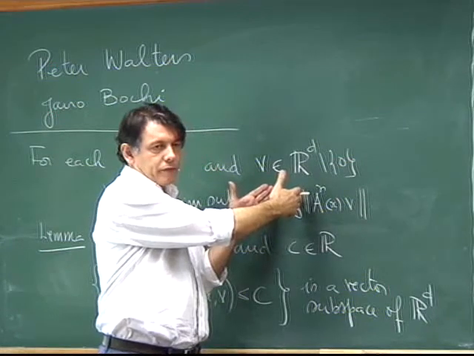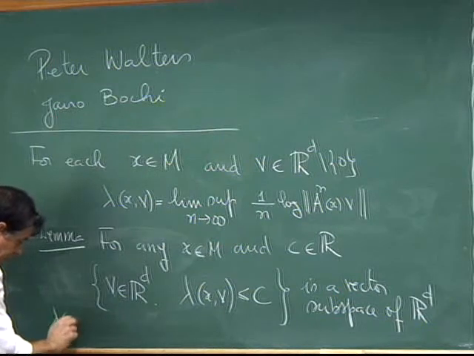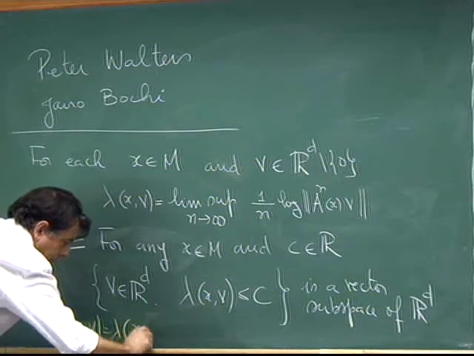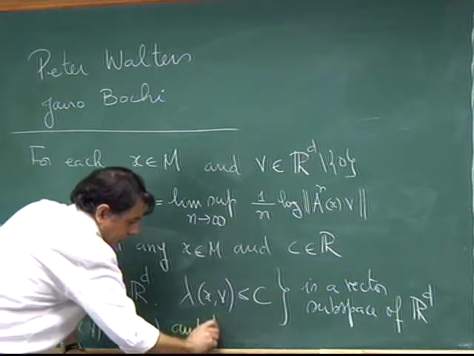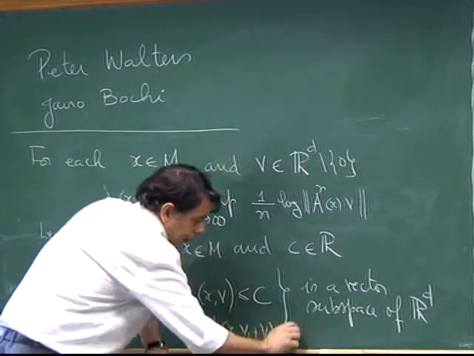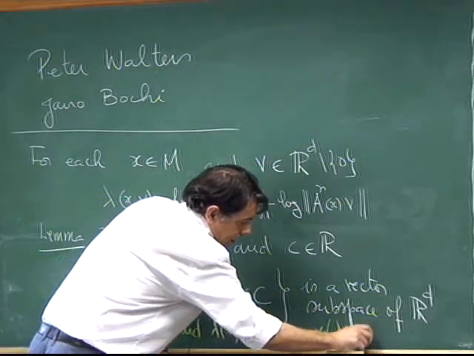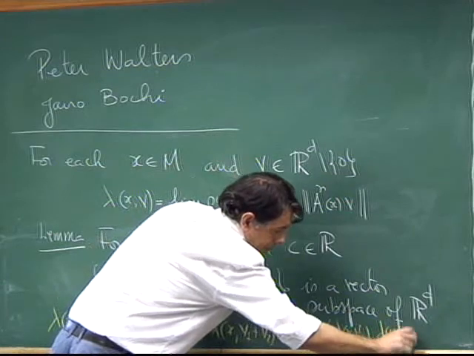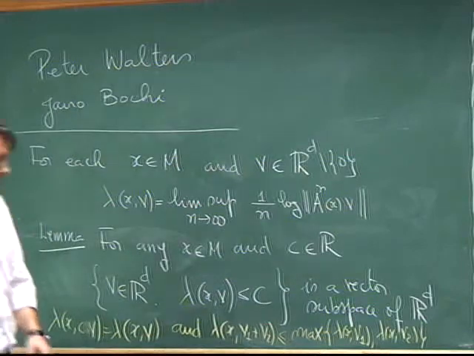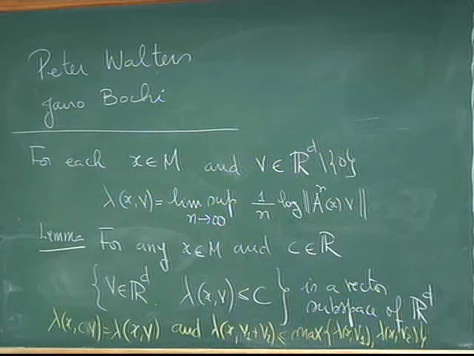And then you play with properties of the logarithm and you conclude that lambda of cv is equal to lambda v, and lambda of x, v1 plus v2 is less or equal than the maximum between lambda x v1 and lambda x v2. Okay, and if you have these two properties, then the lemma is an immediate consequence. The properties are actually written as exercises in the book.